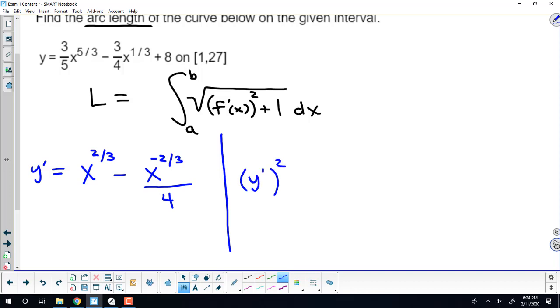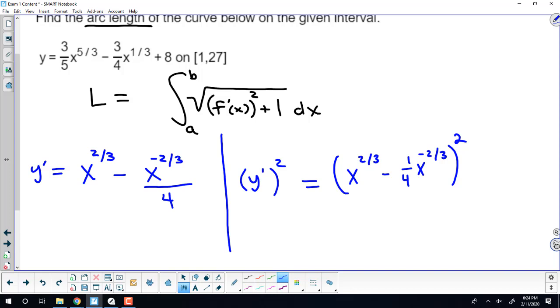Y prime squared. So let's just write this out. We've got to square that. I know it may seem like a trivial thing, but don't just square the terms, right?